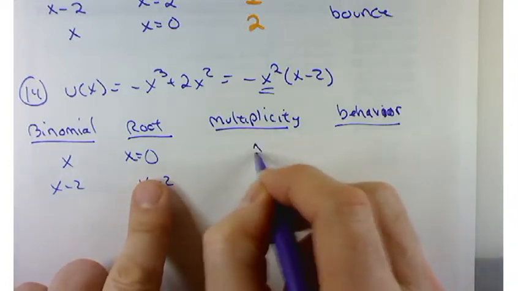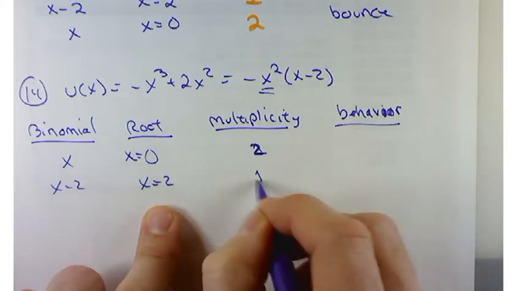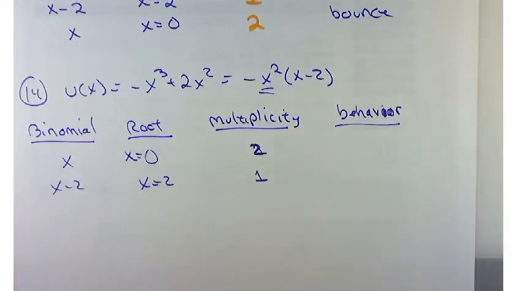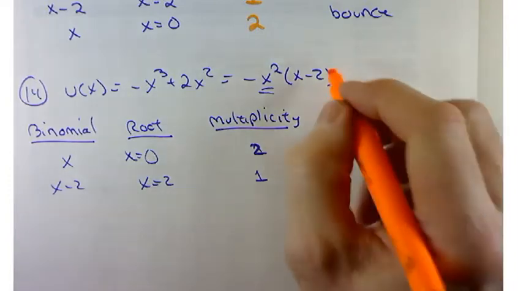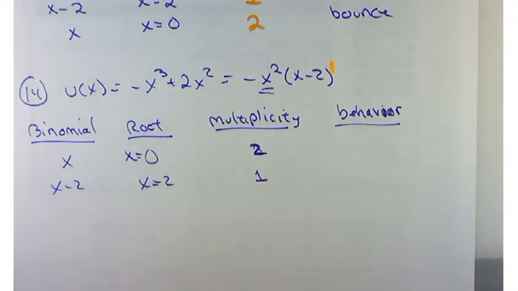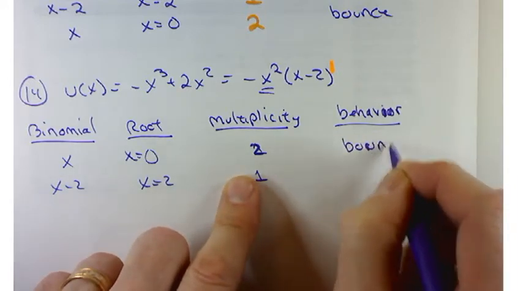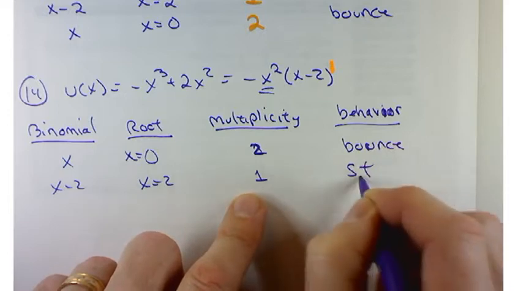Multiplicity here is, excuse me, multiplicity here is 2. Multiplicity here is 1. It's not written, but it's understood that there's a 1 here. The behavior: bounce, and straight through.